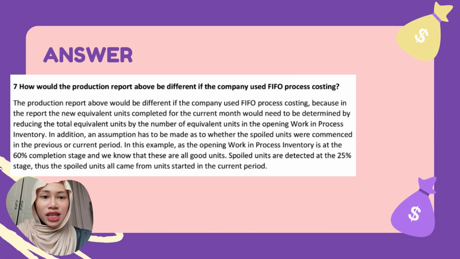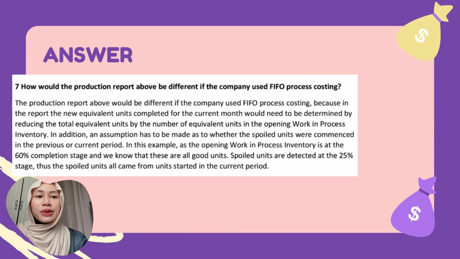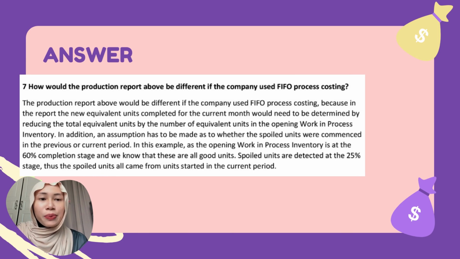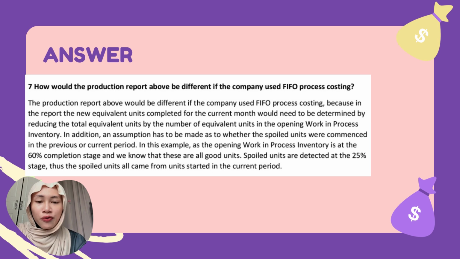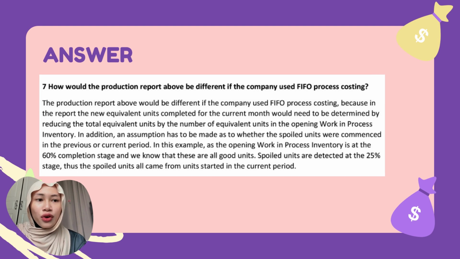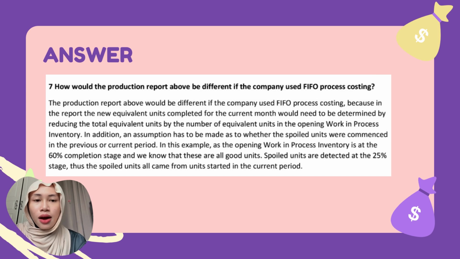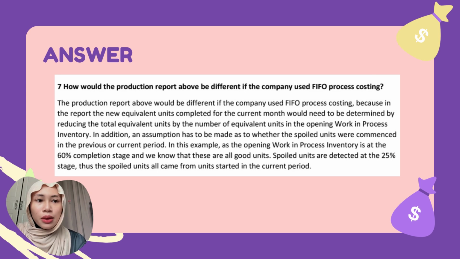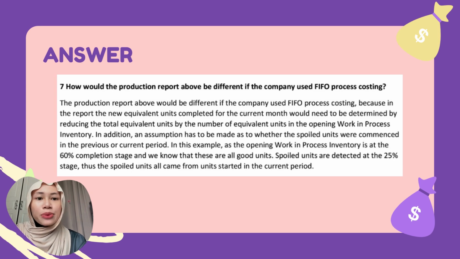Lastly, question number 7. How would the production report above be different if the company used FIFO process costing? The production report above would be different if the company used FIFO process costing, because in the report, the new equivalent units completed for the current month would need to be determined by reducing the total equivalent units by the number of equivalent units in the opening work in process inventory.